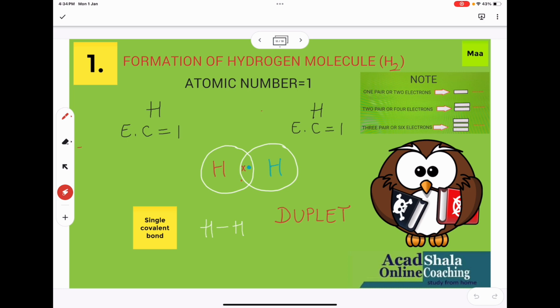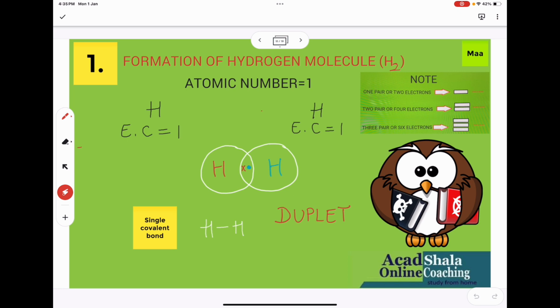In a single covalent bond, each atom contributes one electron for sharing. It is represented by a single line between the two atoms sharing electrons.